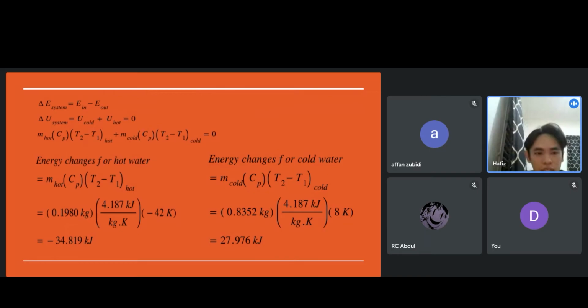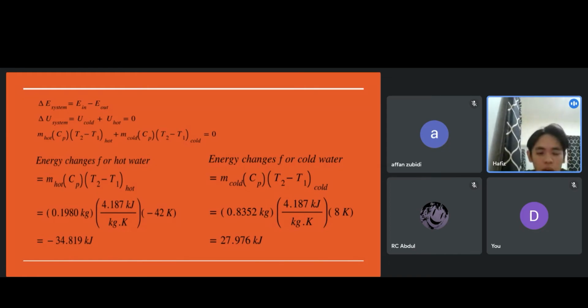Just like what RC said before, E system is equal to E in minus E out, and U system is equal to U cold plus U hot water. So the total of these two energy changes, mass of hot water times heat capacity times delta T of hot water, plus mass of cold water times heat capacity times delta T of cold water, is equal to 0.